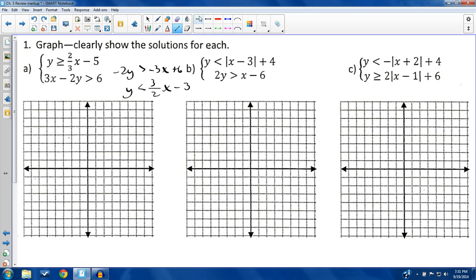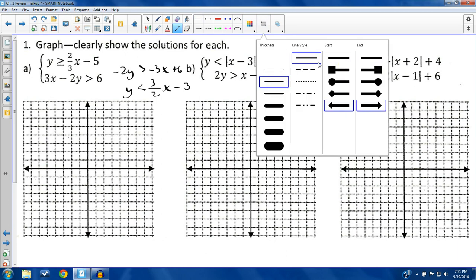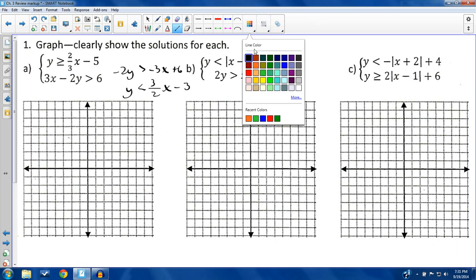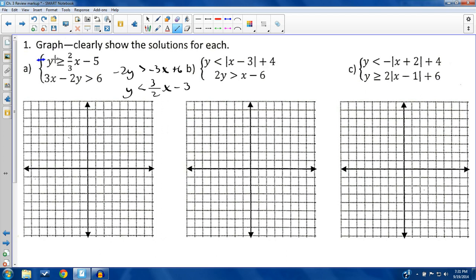I'll first graph them assuming they're lines only, and then we'll talk about what happens when they're inequalities. So my first one, let's make it blue. That'll be this one right here. Start at negative 5, and we'll go up 2 over 3, like so, and down 2 over 3 this way.